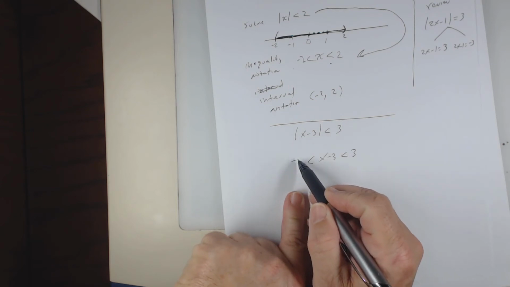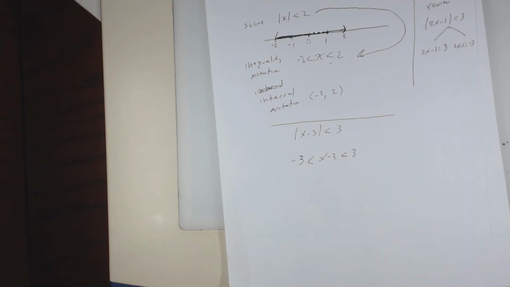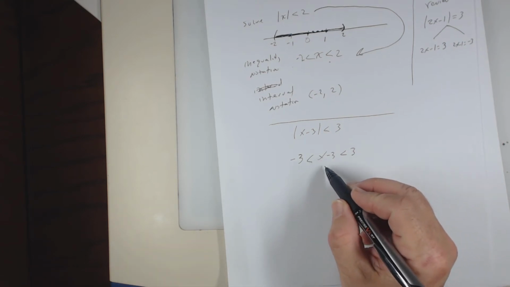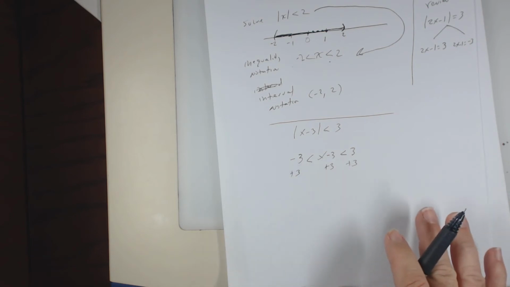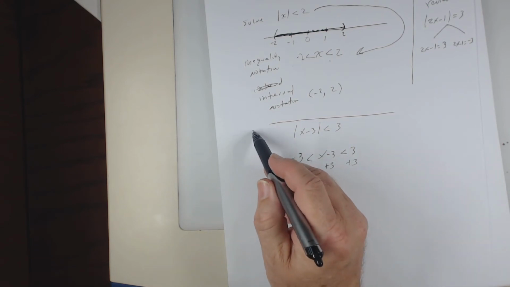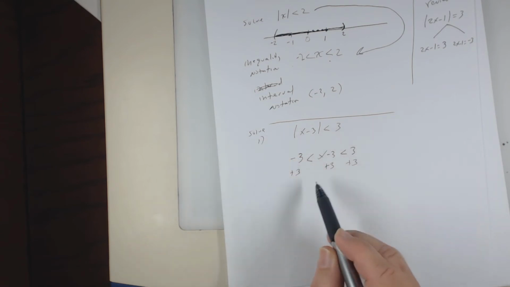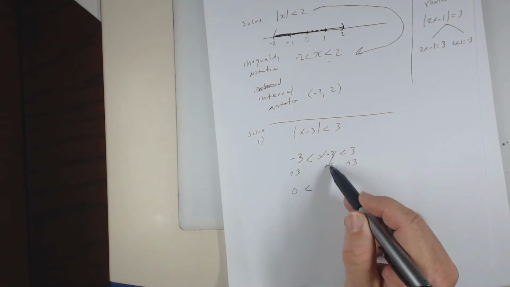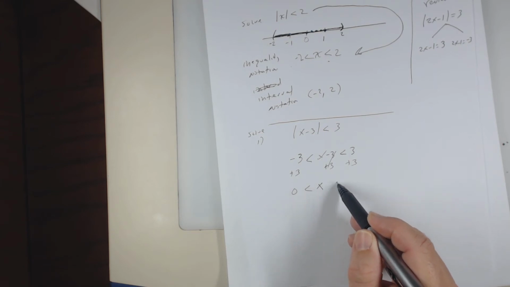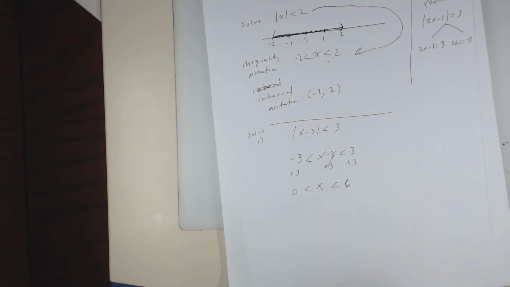So what goes here? -3. And then all you do is get x by itself, which was those 2 or 3 problems we did a while ago. So what's the next step? Add what? 3 to all parts, right? Y'all agree? So what's -3 plus 3? Is less than? Is less than 6.